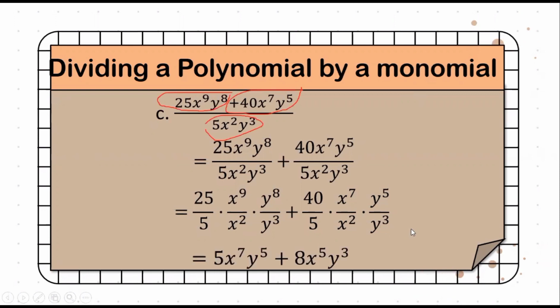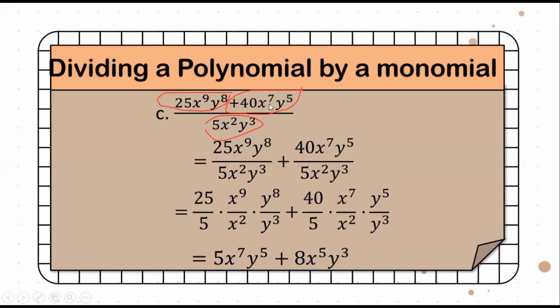And this will give us our final answer. 25 divided by 5, that will give us 5. X raised to 9 over x raised to 2. Following the concept of the quotient rule, we have x raised to 7. Same with y raised to 8 divided by y raised to 3, y raised to 5. And then bring down plus sign or the positive sign, and then 40 divided by 5, it's equal to 8, x raised to 5 y cubed.